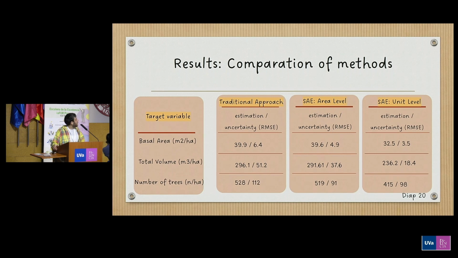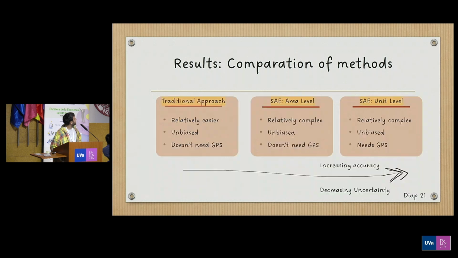We can see that we have the estimation on the left and the uncertainty on the right of each method, and we can see that as we go to the right, the uncertainty gets lower or decreases. This is important of the small area estimation methods. We get better accuracy and less uncertainty.